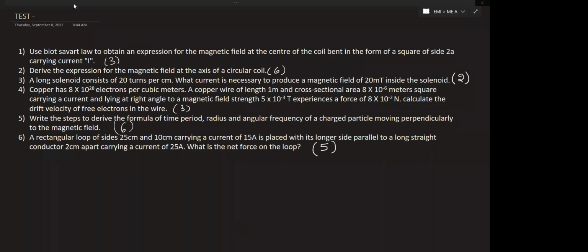Yes, Astha? No, nothing. Astha, are you asking something? No, ma'am.